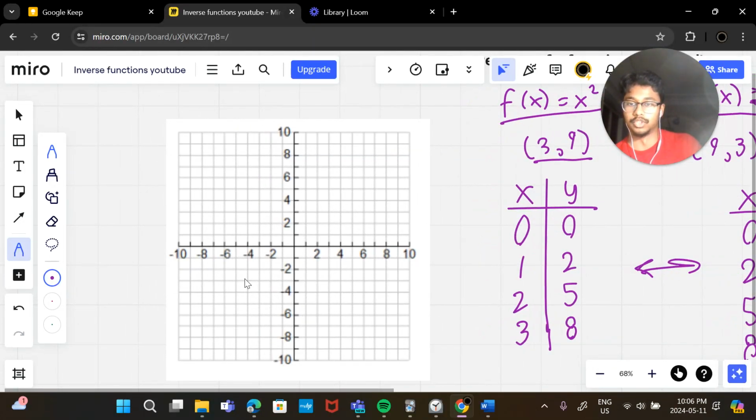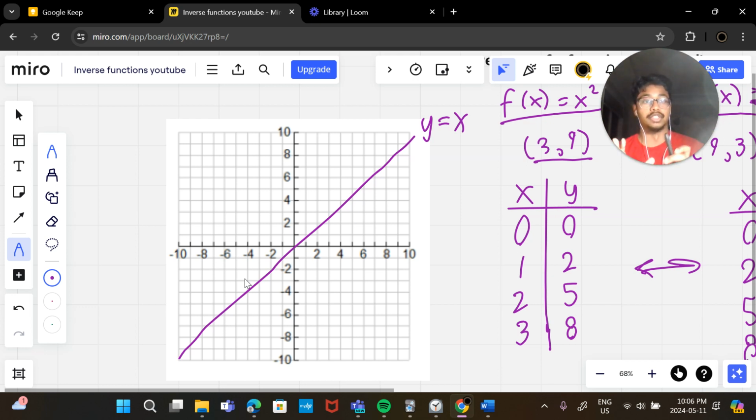What I want to show you is that inverse functions are essentially just reflections across this diagonal line of y equals x. Just imagine a diagonal line going through this Cartesian plane, right? To describe that line, we have the equation y equals x.